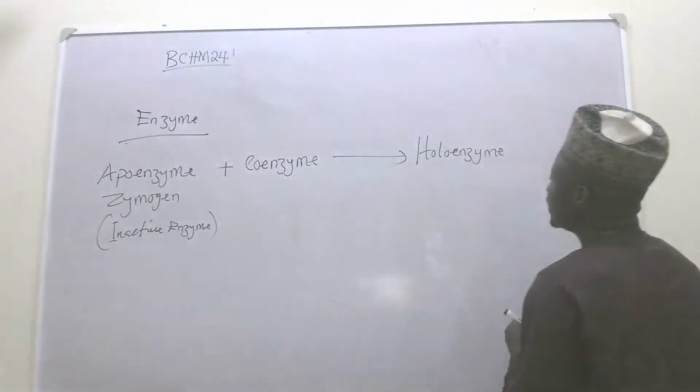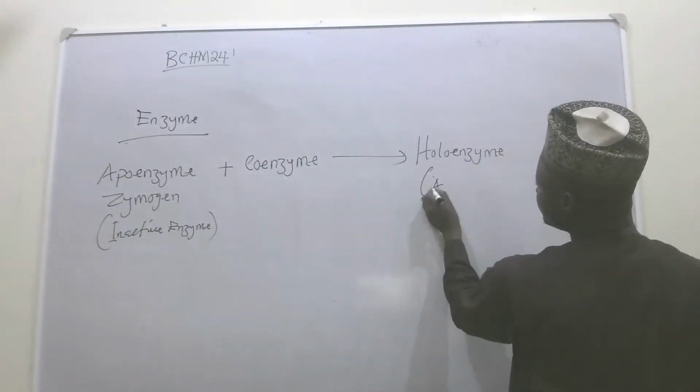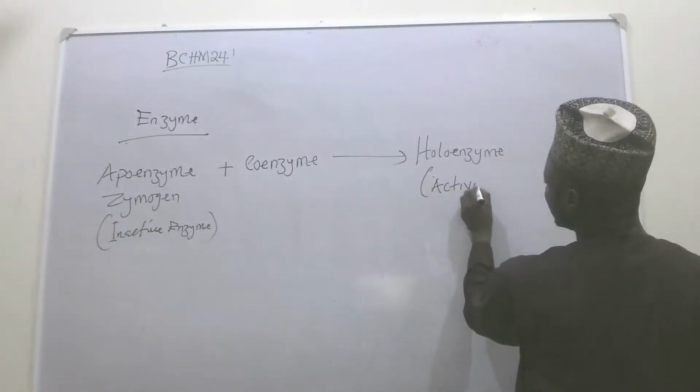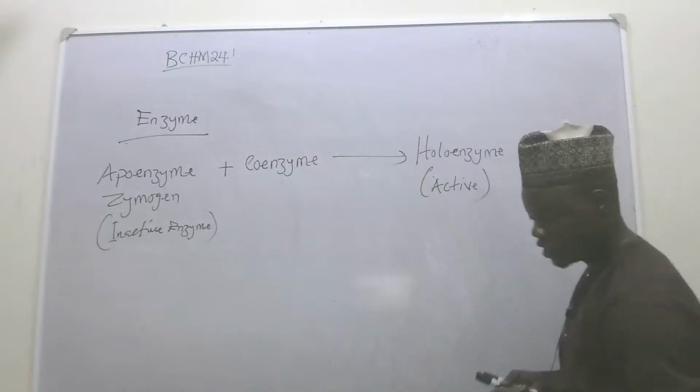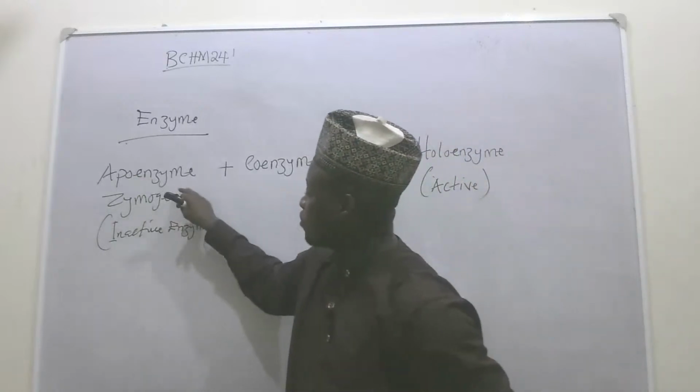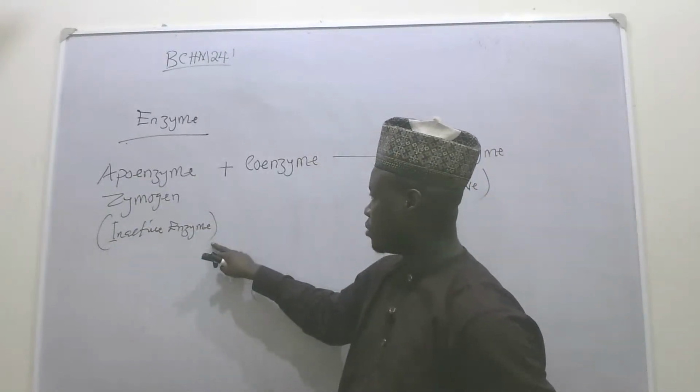So the holoenzyme is called the active enzyme. So you see, zymogen or alpha enzyme is called inactive enzyme.